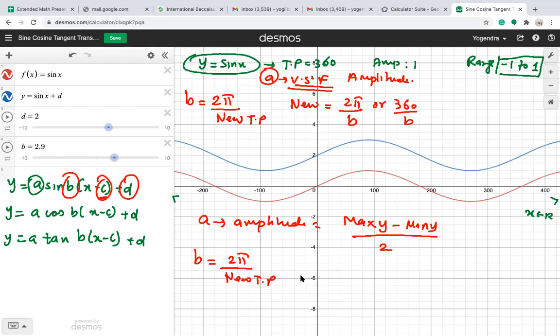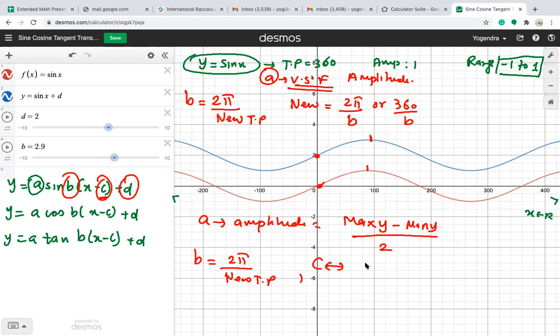That's the other formula. C is the shift to the left or right that you can obtain using the general comparison of the graphs. So if you compare, okay, the origin should be here, and in this graph, the origin is also here. I mean, there is no shift.